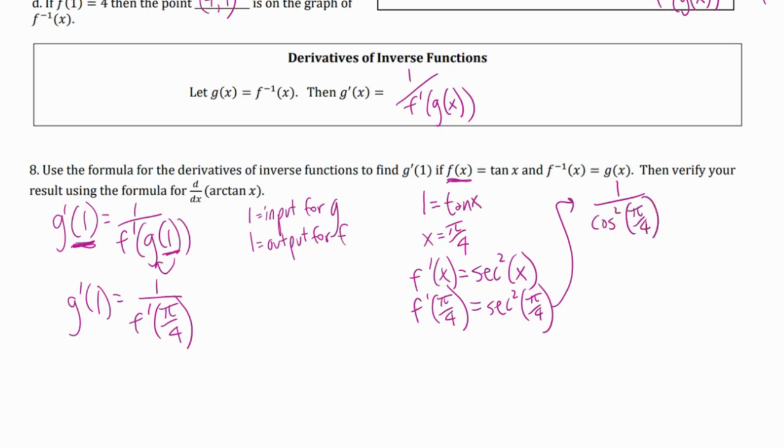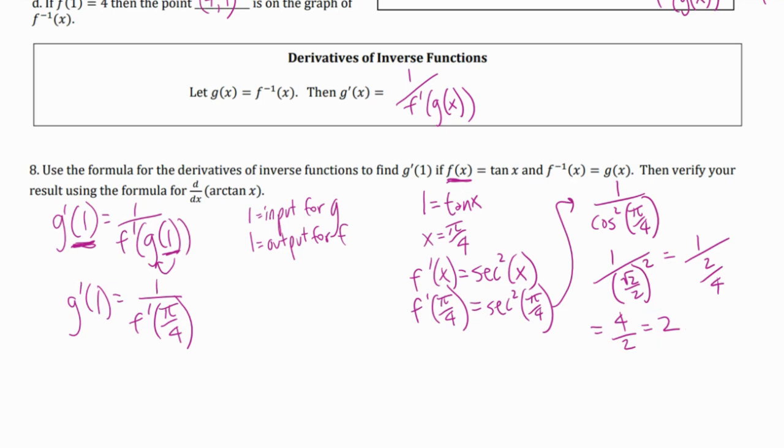Or you can just flip. So cosine of pi over 4 is root 2 over 2, squared. So this is 1 over, and then root 2 squared is 2, 2 squared is 4. 1 over 2 over 4 is the same thing as 4 over 2, which is 2.